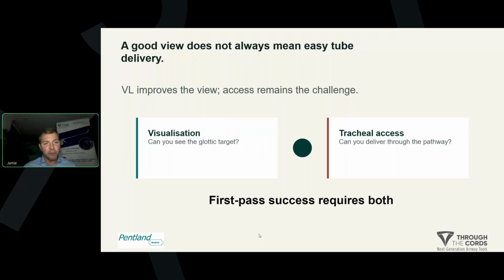When the video laryngoscope helps you to visualize the target, the TCI helps you reach it in a controlled way. So it's a dynamic tracheal access tool, not simply another bougie with a handle. The key is active control, where the operator can steer the tip during the attempt, and the aim is to turn that good view from your VL into a successful intubation.